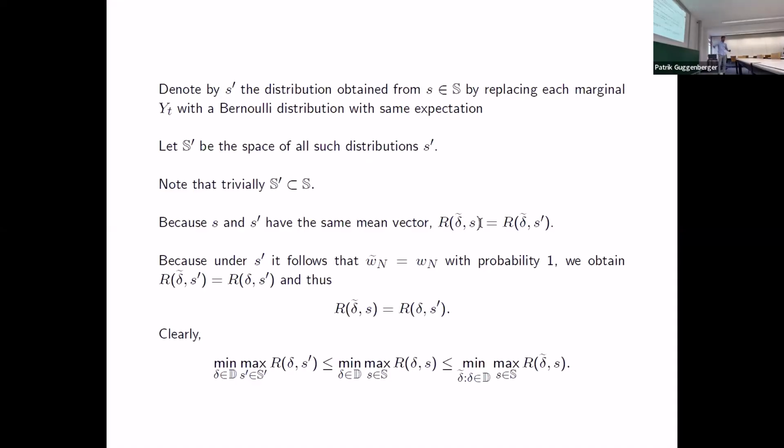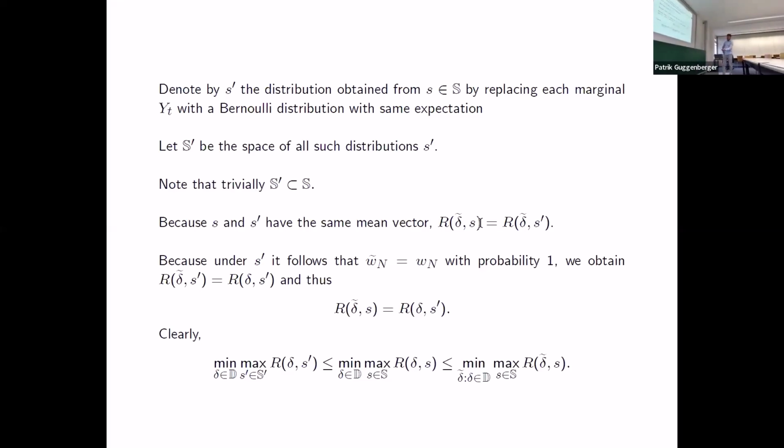Therefore coarsening doesn't change anything. Delta tilde is equal to delta. Therefore, we have R of delta tilde and S prime equal to R of delta and S prime, trivially. Now, putting those two together, you end up with this equality. Okay, so let's keep in mind that we have this equality here.